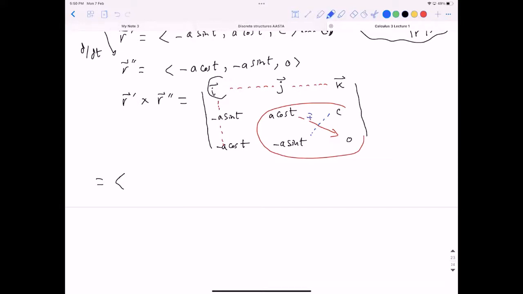Then we'll have minus for the J component. It will be 0 minus. Wait, no, let's write the I component first. 0 minus, so it will be plus AC sin t, comma, the J component. Let's copy this determinant again.